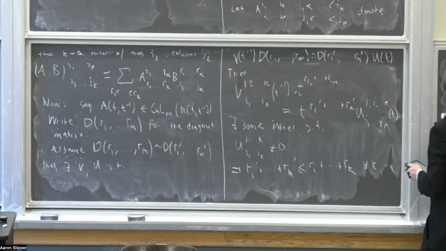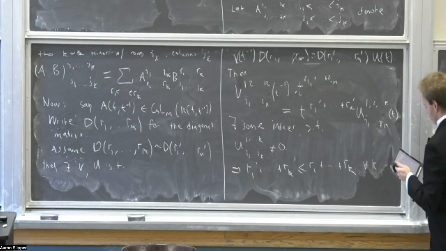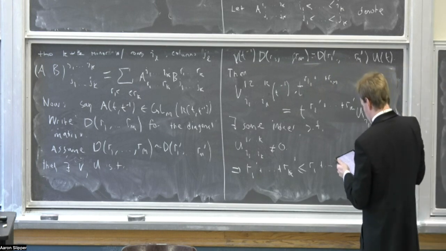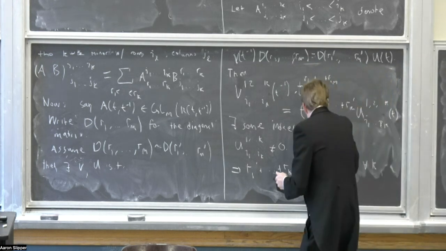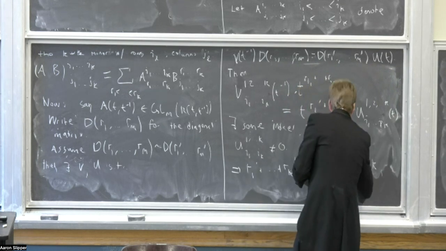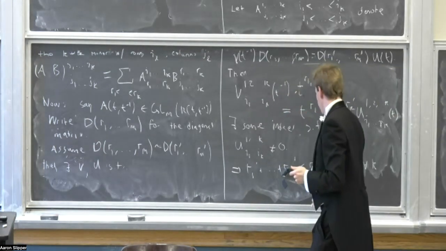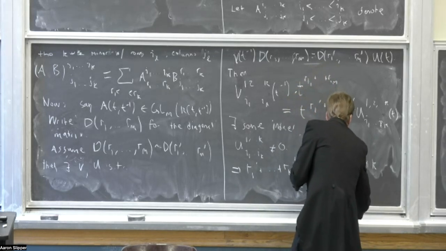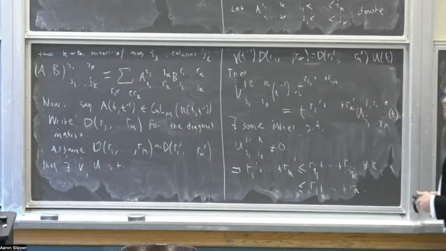All right, and now comes the one little insight of the proof. This implies R1 is less than or equal to R_I1, is less than or equal to R_IK. And because we've assumed these to be in decreasing order, this is in turn less than or equal to R1 plus through RK. Okay, so this is the last bit of these awful matrix computations. Now we just notice that this is entirely symmetric.